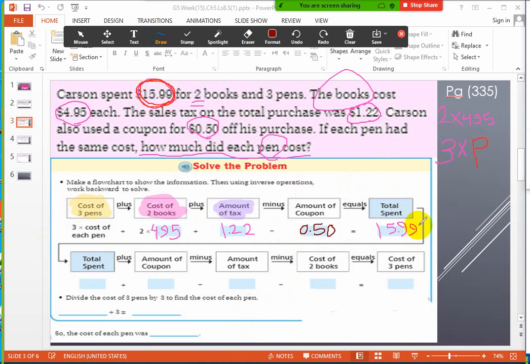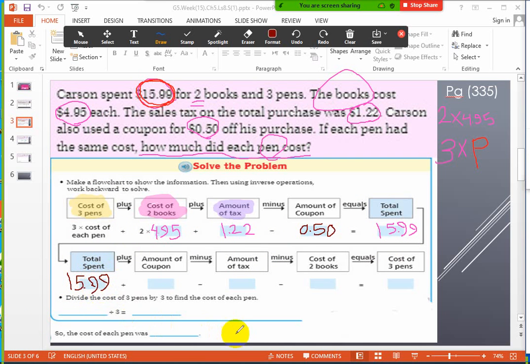Okay, so to find the cost of the pen, I will take the whole amount of the money and subtract from it the cost of the books and the tax. So the answer will be the cost of 3 pens. So let's see. I will take the total of the money, this number, 15.99.